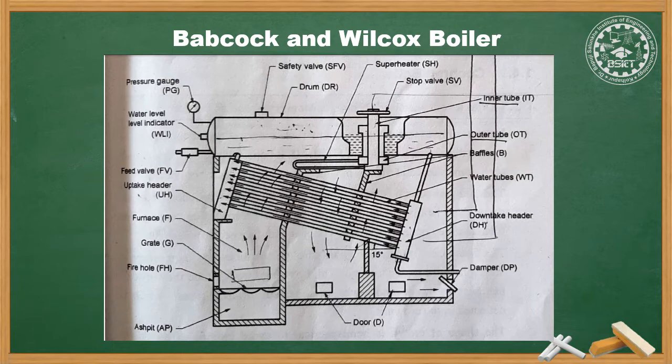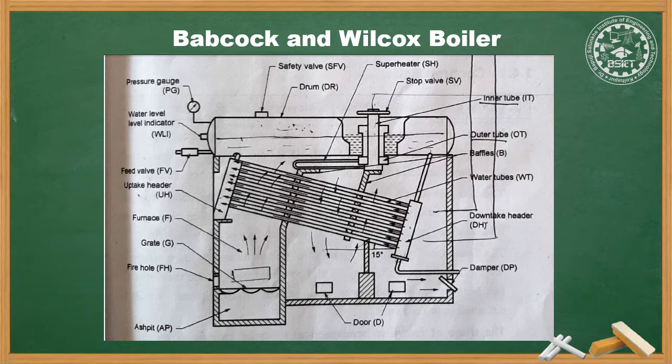Here the fuel, in the form of bagasse, is burned with the help of the fire hole, and the flue gases or hot gases from the furnace are forced to move upwards between the tubes.